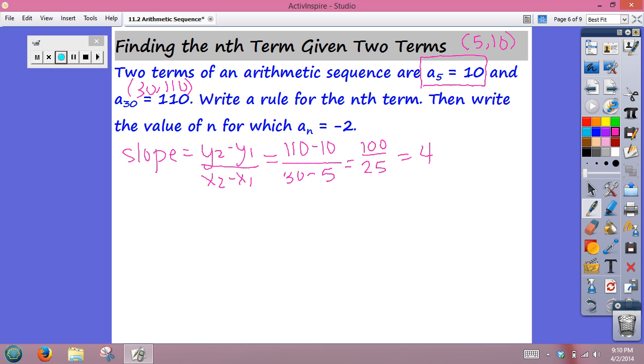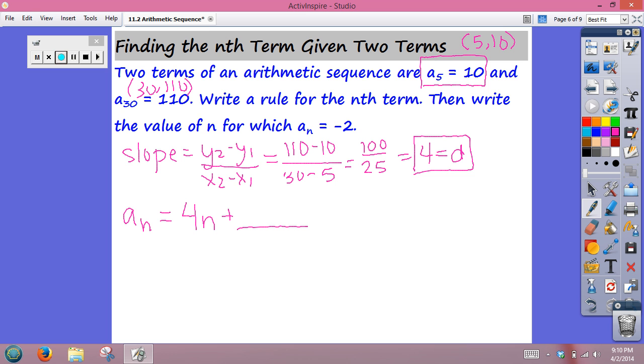And if you remember what we were finding in the first place, our slope is our common difference, so d equals 4. From here, we can go back to the equation that we were using previously. an equals 4 times n, because we found our common difference, plus a number.